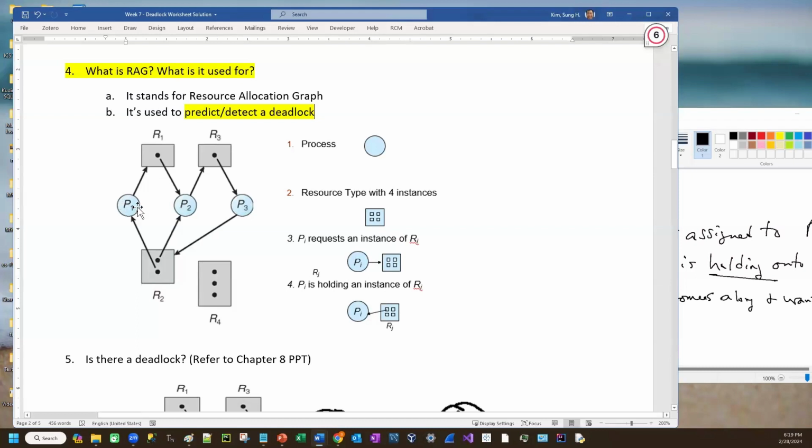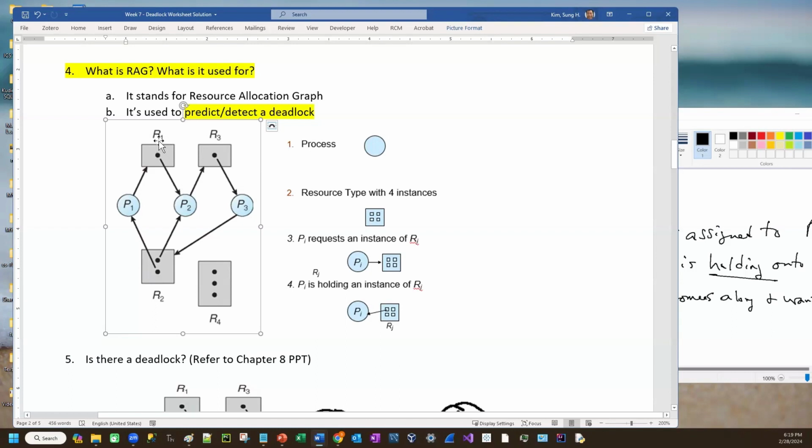And they are always drawn with a circle, okay? And then there are resources with R's, and those could be like a printer, a file, memory, and stuff like that, right? Things that a process needs to make progress. Okay?